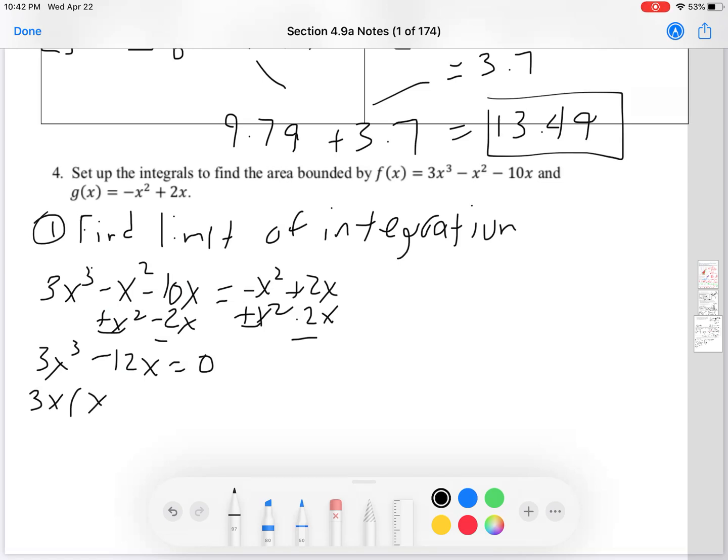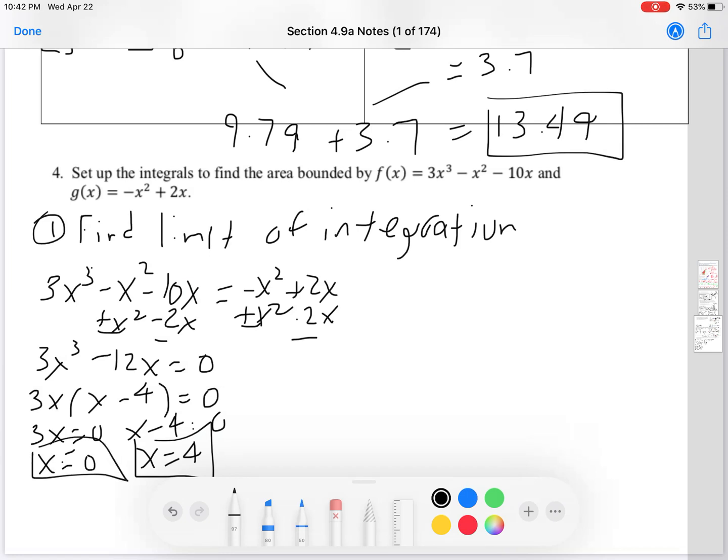Pull out a 3x, so you're going to get x squared minus 4, because you're actually in the x cubed land. So this is your good old favorite factoring method, difference of 2 squares. So we get x equals -2 and x equals +2.